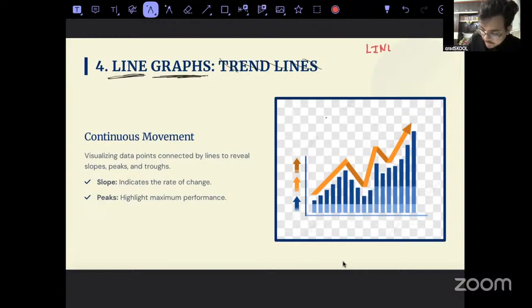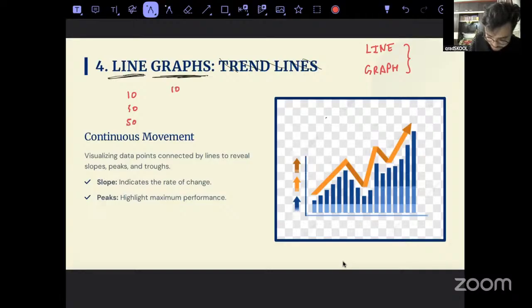Line, graph, two different words which combine and form a single word, line graph, wherein we compare data through lines. Now if I have some data here which is 10, then 40, then 50, then the data becomes again 10.